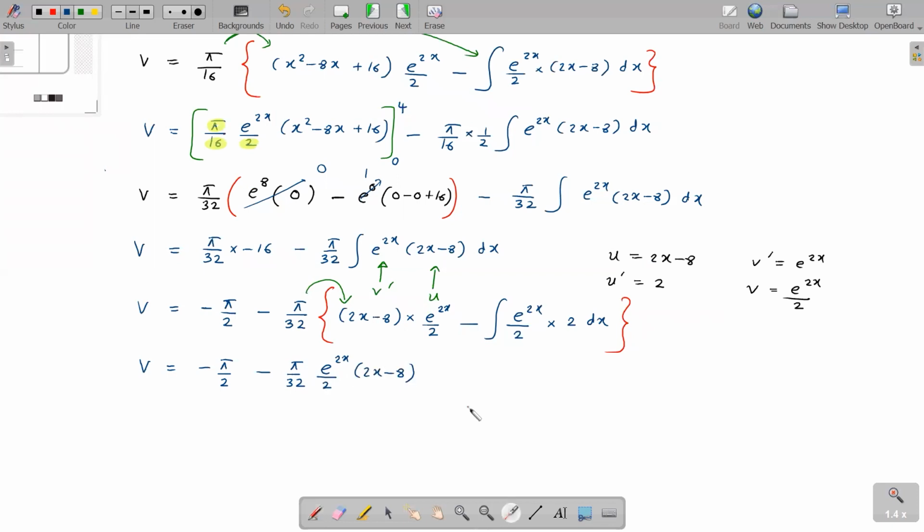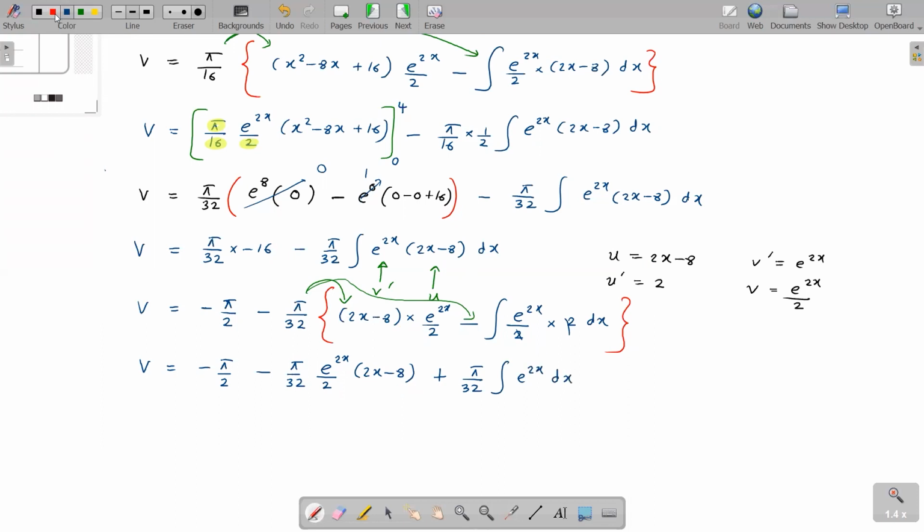So this guy, which just came out of the integral sign, which means we need to apply the limits here. Okay, and the other one, be careful here, minus pi over 32 with this gives me minus is a plus pi over 32. The 2 and 2 cancel and you get integration of e to the power 2x with respect to x.